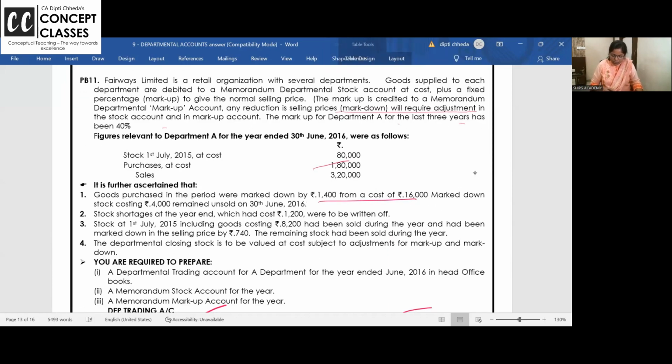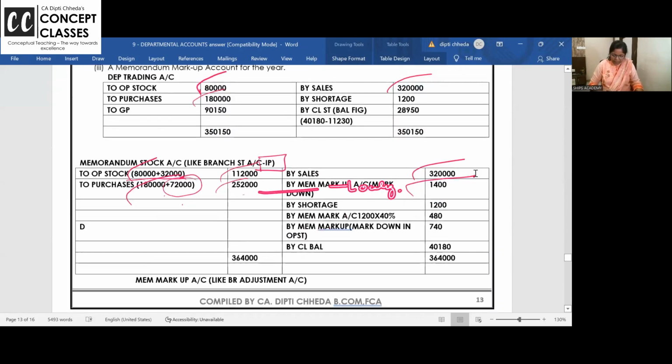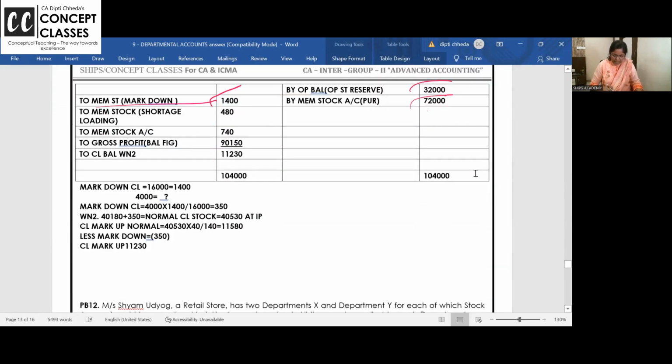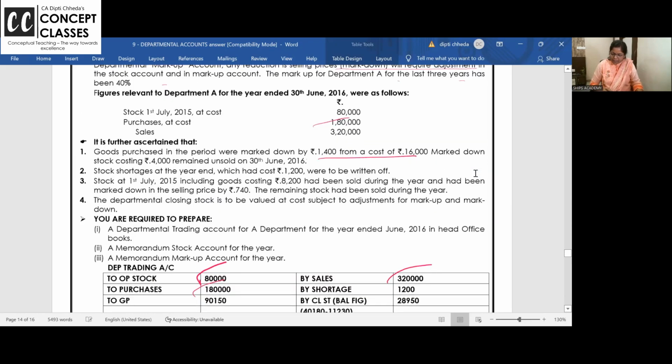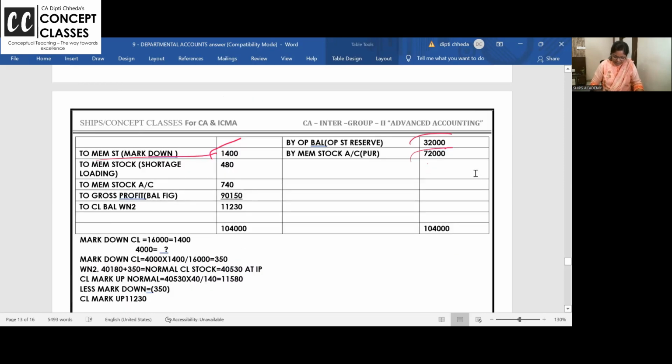Still some markdown goods are there. So how to adjust for that? I have made working. ये रहा देखो. Still markdown goods are there 16,000. Yes. Cost of 16,000 में 1400 markdown है. तो markdown होने के बाद costing 4,000 are still remaining.